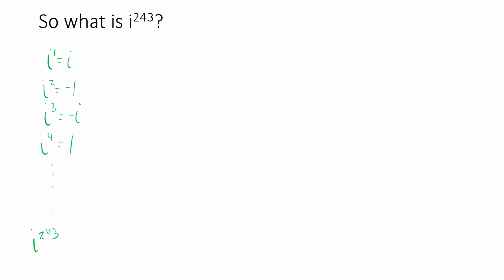A better way is to figure out how many chunks of 4 I have in there, and what is left over. One of the best ways to do this, in my opinion, though I've seen other people do it other ways, is to take the 243 and divide it by 4. 4 goes into 24 6 times, bring down the 3, 4 goes into 3 zero times, and so I've got 3 left over.